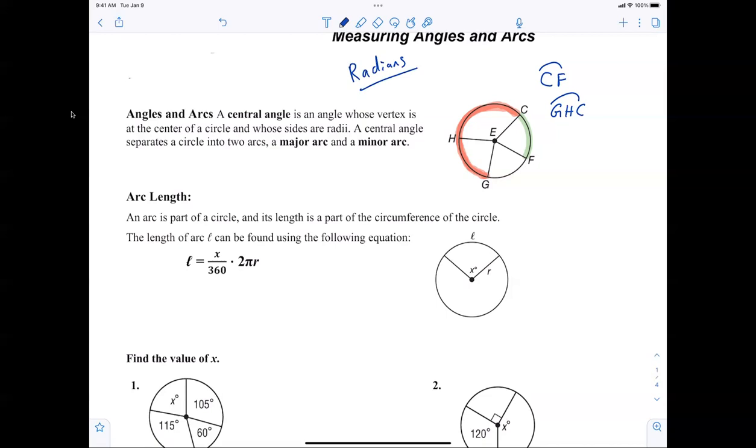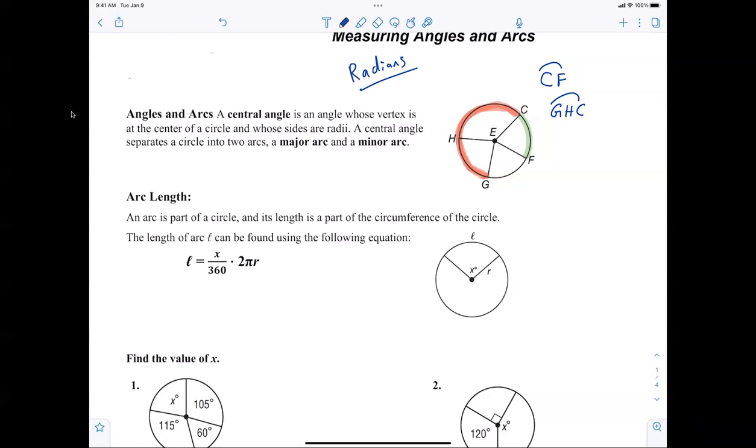So again, we have minor arc, we have major arc, and we have a semicircle. Now, when you talk about measure and you talk about length, I used to get these things mixed up. When you measure an arc, you measure it in what units? In degrees, right?